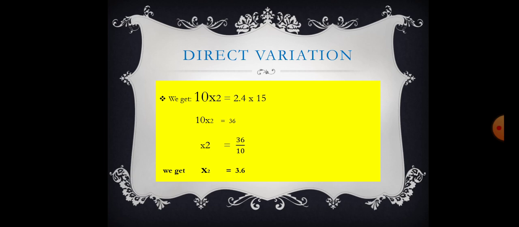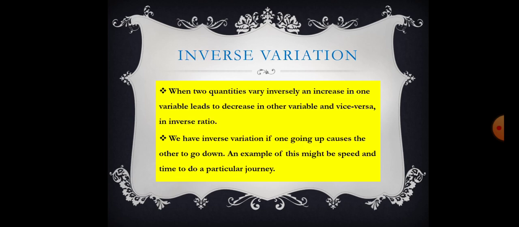Now 2.4 multiplied by 15 is 36. Now for x2, 10 will transpose to the RHS, in the denominator. Now 36 upon 10 means 3.6. In this way we get x2 equals 3.6.